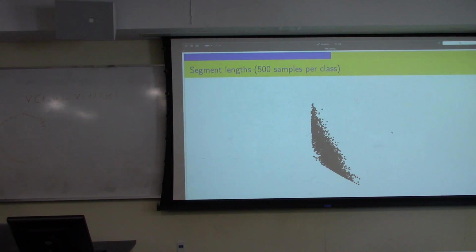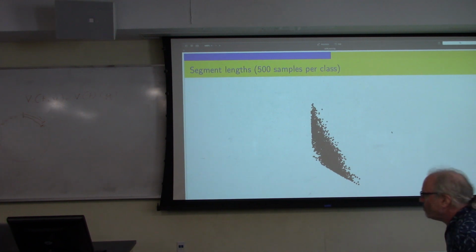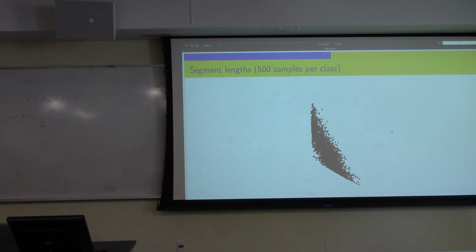By the way, what makes this problem challenging is that if you take one class, the data point which is closest to it is in the other class, because the distance between the closest point in one class to one in the other class is 1.